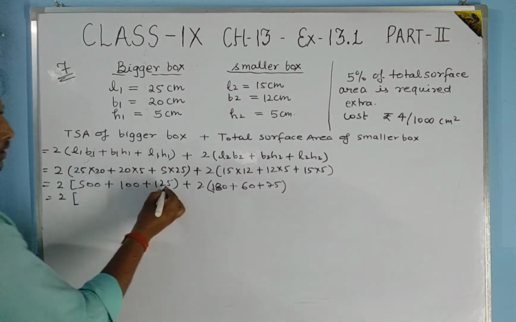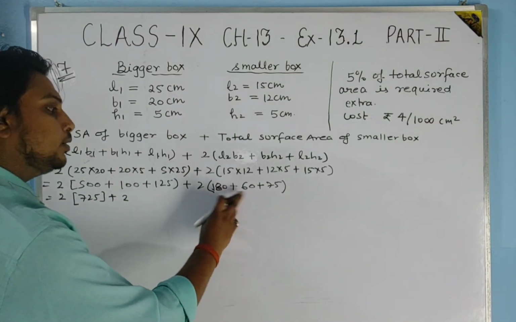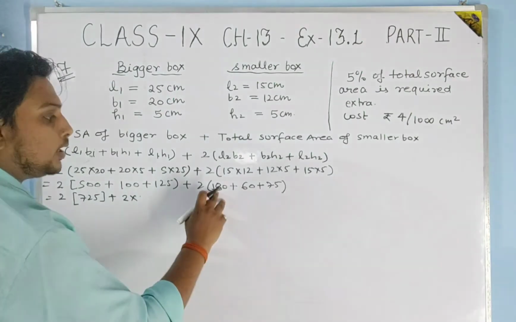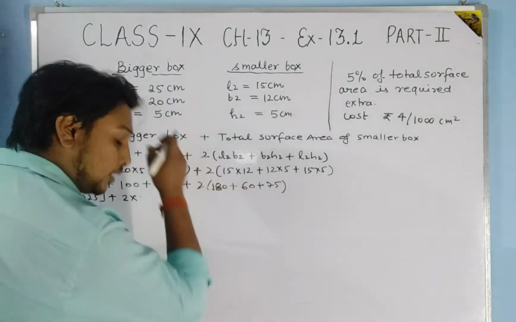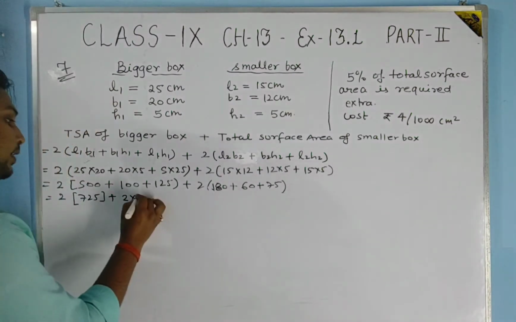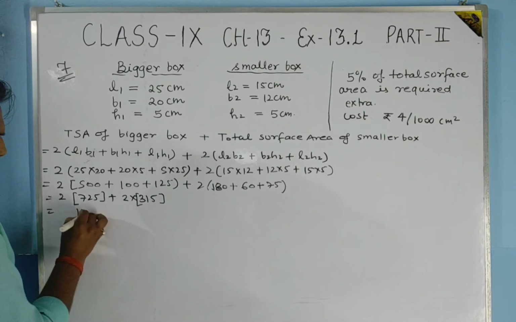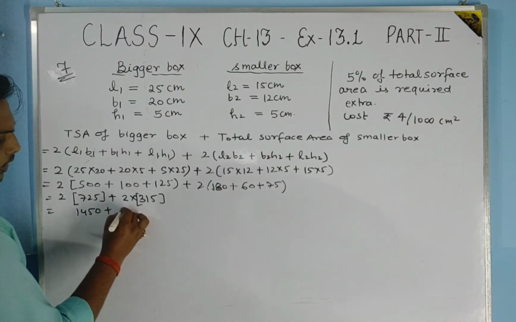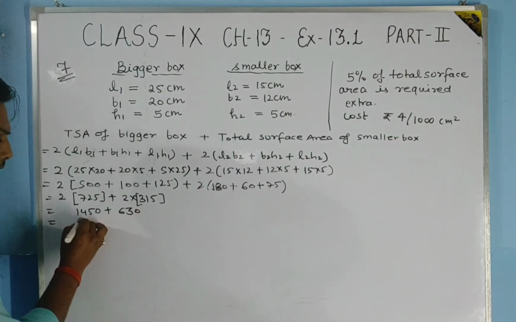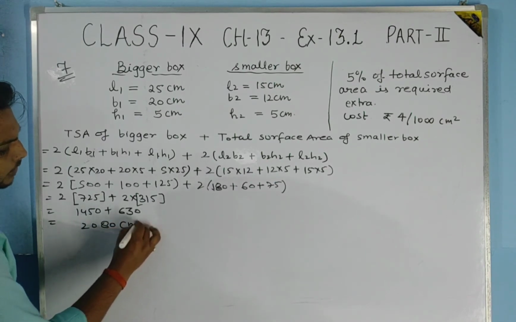It will be 500, 600, 725, plus 2 into 180 plus 60, which is 240, and 240 plus 75 means 315. When we multiply it, it will be 1450 and 630. When we add it, what do we get? 2080 centimeter square.